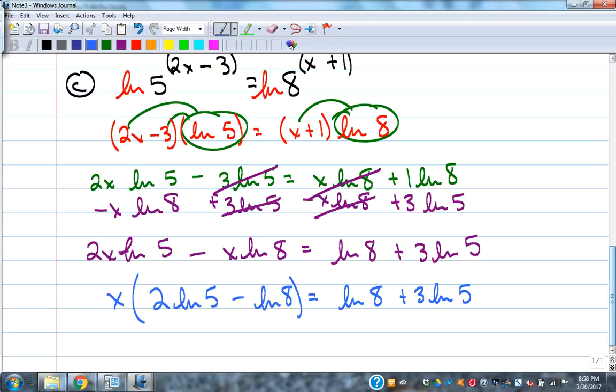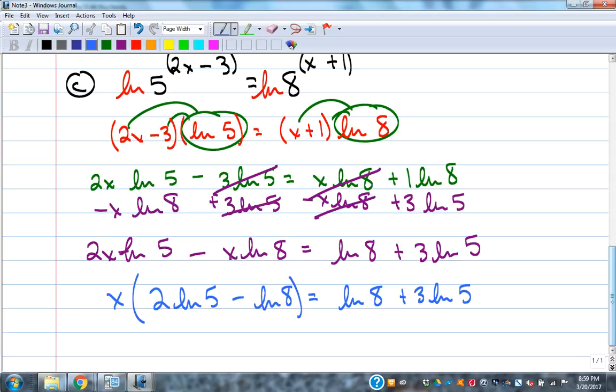And now, what's all of this, all the stuff in parentheses? It's just a number. It's not a very pretty number, but it's a number. So, it's times x.